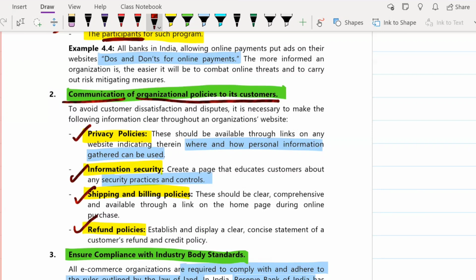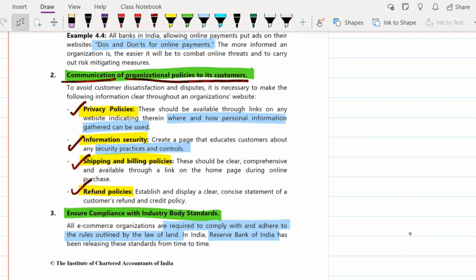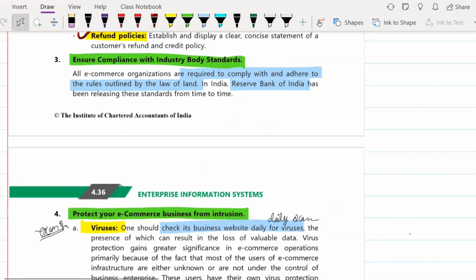Suppose a perishable product cannot be returned, like milk: if you buy today, tomorrow it cannot be returned to the vendor. So what products can be returned, how the refund policy works, how many days, or what other things have to be kept in mind. If all these organizational policies are clearly communicated to the customers, there will be no confusion, and this will help in mitigating the risks.